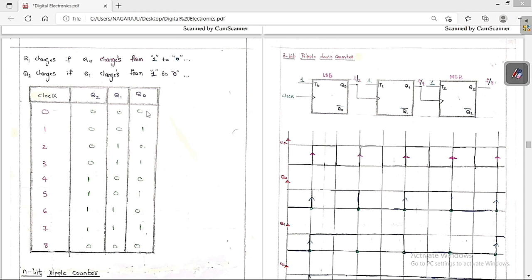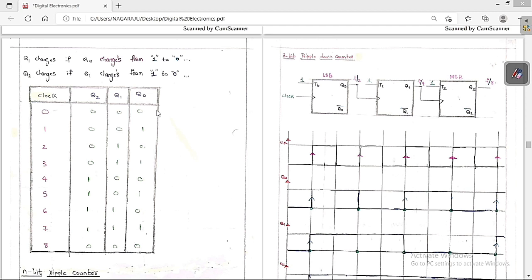You can see clearly the decimal values are 0, 1, 2, 3, 4, 5, 6, 7.